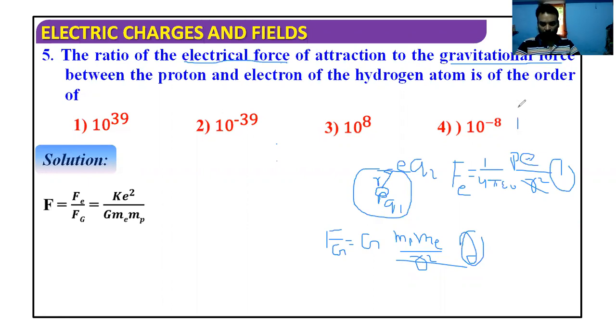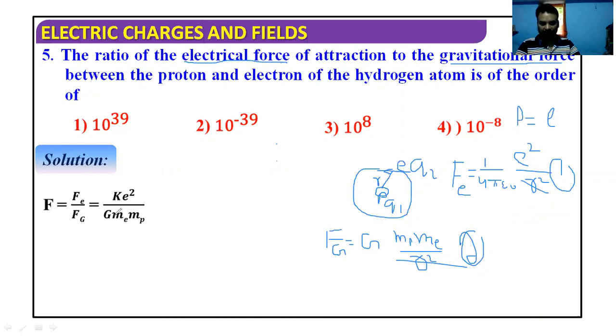So the charge on the proton is equal to the charge on the electron, and this becomes E square. So R square is cancelled by R square.